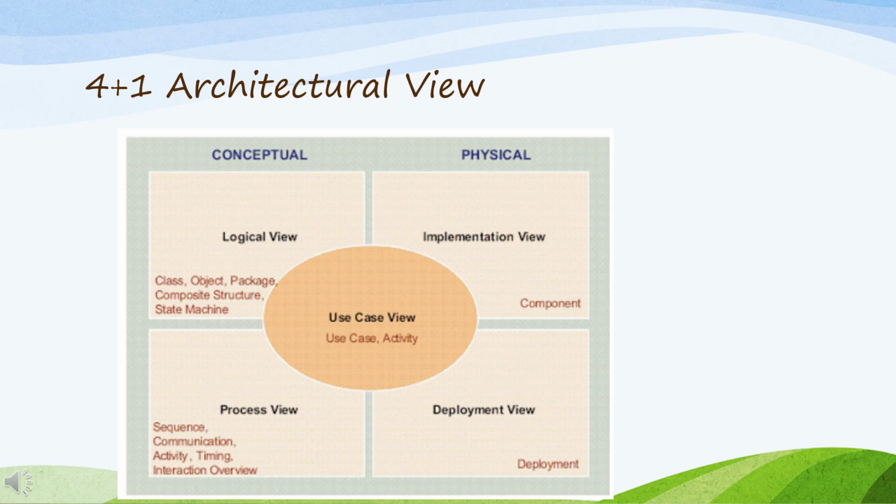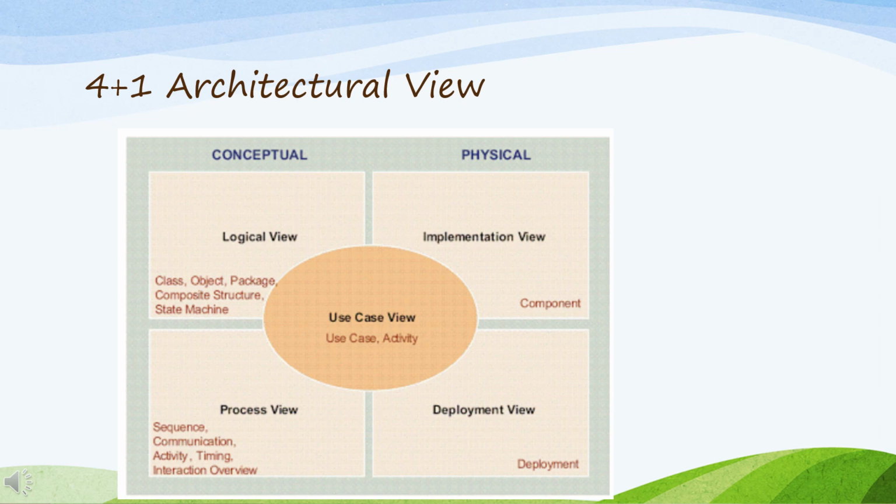For example, for the logical view, we want to see the system logically. We are building the class diagram, object diagram, state chart, and composite structure. To view the system in terms of process, we are developing the sequence diagram, communication diagram, activity diagram, timing diagram, interaction diagram, and overview diagram.